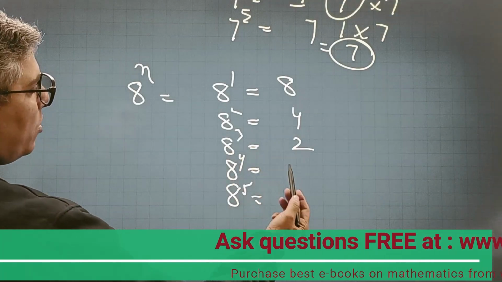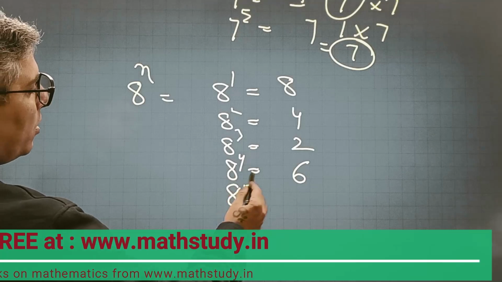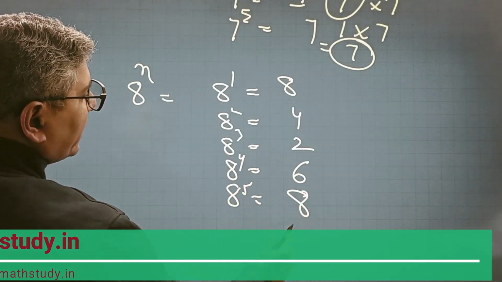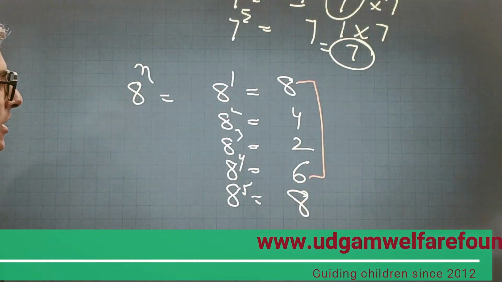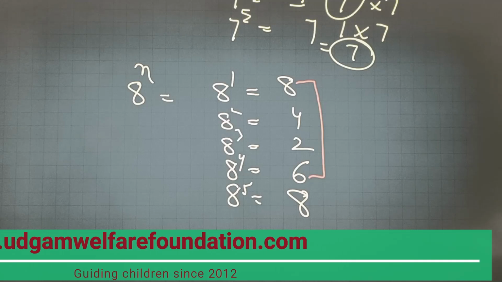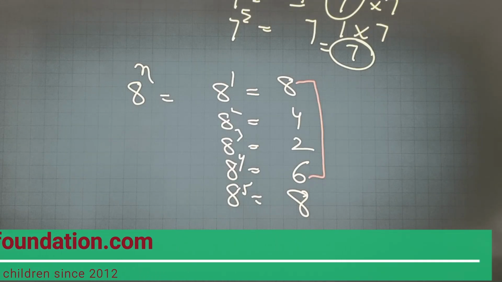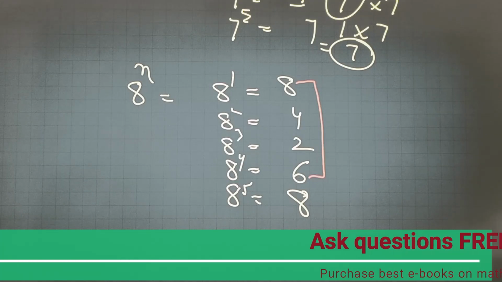Then 8 raised to the power 4 will give you 6 here. Now 8 raised to the power 5 will give you 8 here. So here we can see that after 8 raised to the power 4k, it is going to repeat again. That means we are getting 8 again and the pattern is going to repeat again.